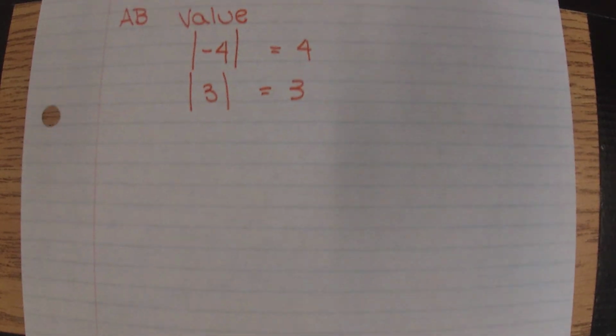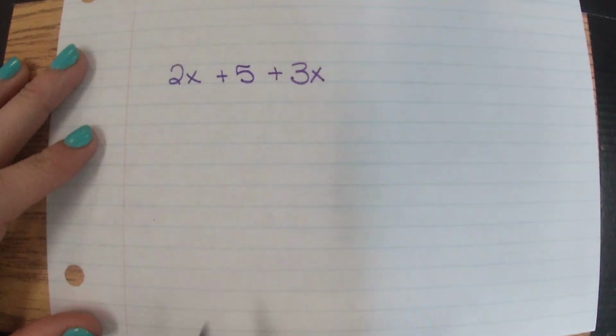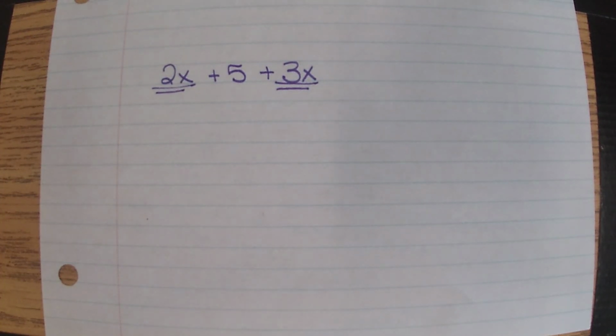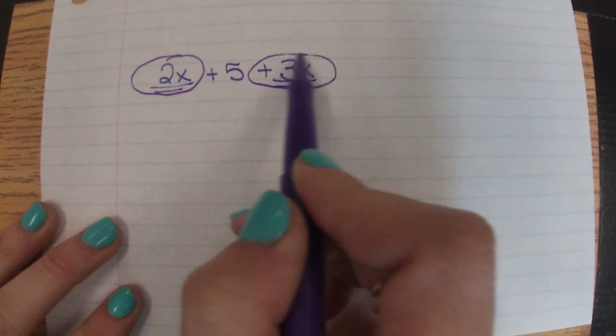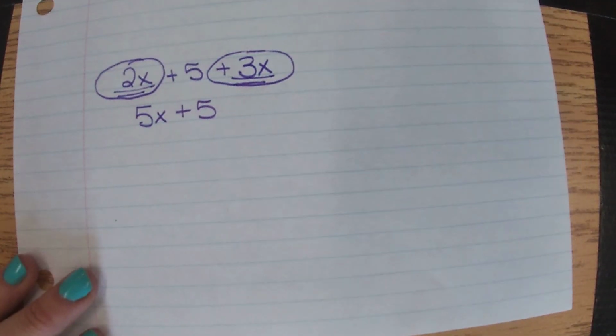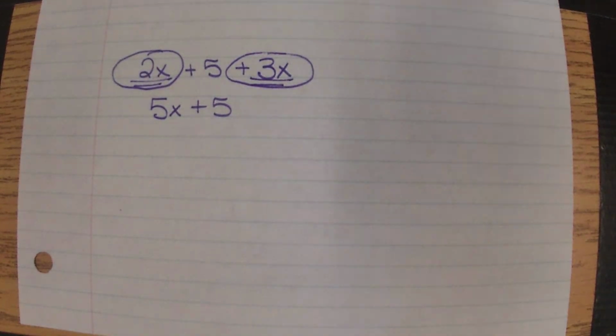Okay, and we should also then be able to do very basic things with our variables, like combine like terms. So if we have something like 2x plus 5 plus 3x, we should recognize that 2x and 3x are like terms, and we can put those together by taking a 2x plus a 3x and getting a 5x plus 5. We should also recognize that these cannot go together because one has an x and one does not.